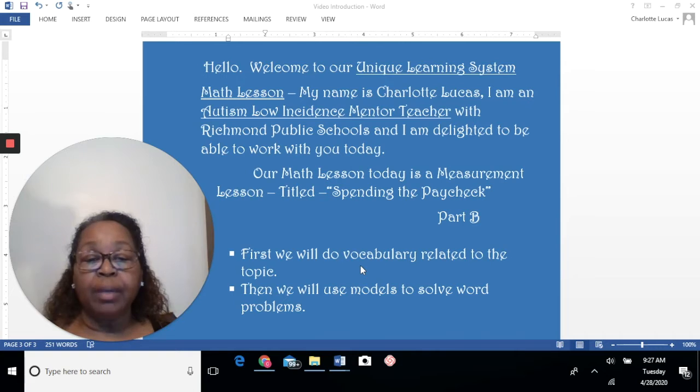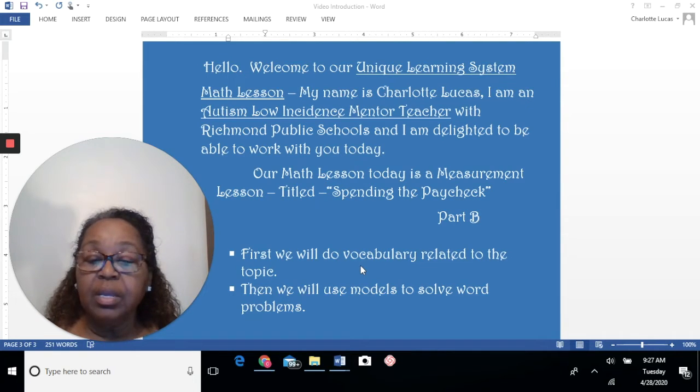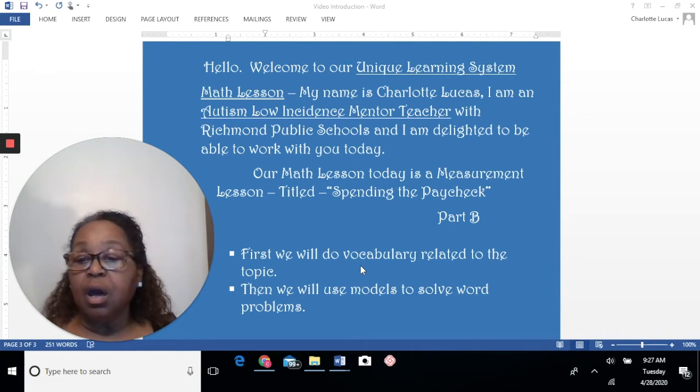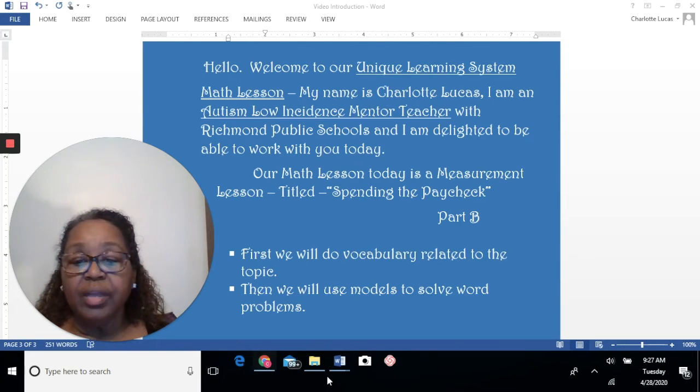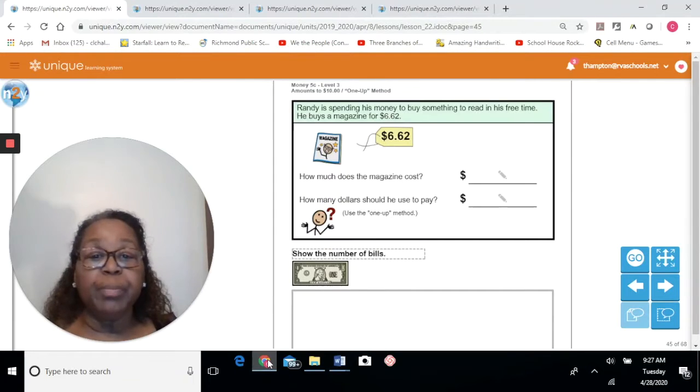First, we will do vocabulary related to the topic. Then we will use models to solve word problems. We've got a lot to do, so let's get to work. We will be working with money.